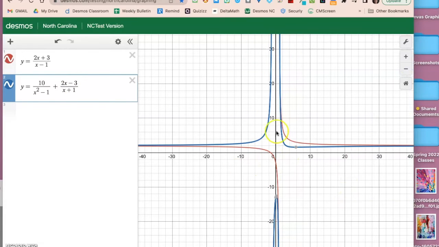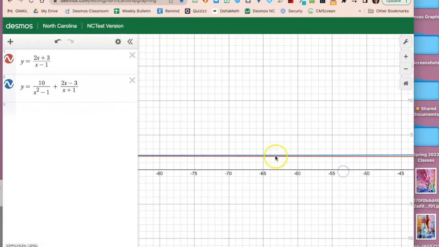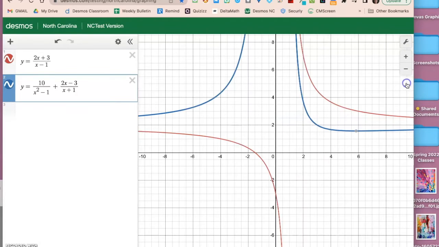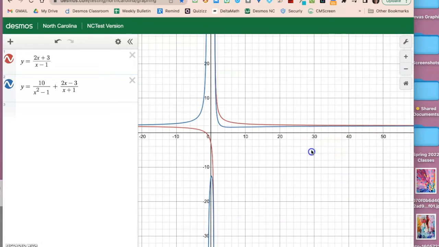Okay, so if we notice on this side, it's hitting a horizontal asymptote, so that's never going to touch there. Alright, so then we come over here and we're looking for where it hits the x-axis. That's never going to touch there either. Now there is a point that pops up here, but that's not the point of intersection.